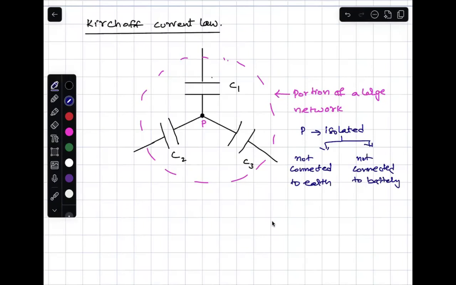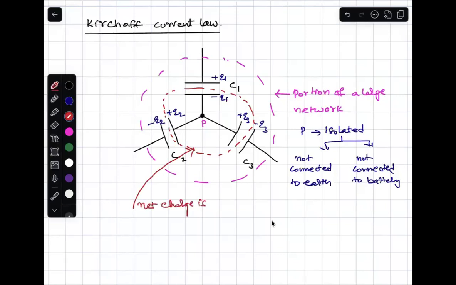For example, at some point of time, let the charge here be minus Q1, plus Q2, minus Q2, plus Q3, minus Q3. Then in this zone the net charge is 0 because P is isolated, which means minus Q1 plus Q2 plus Q3 is equal to 0.